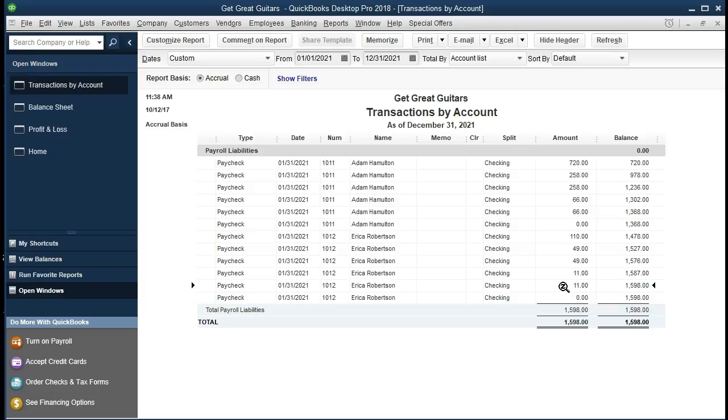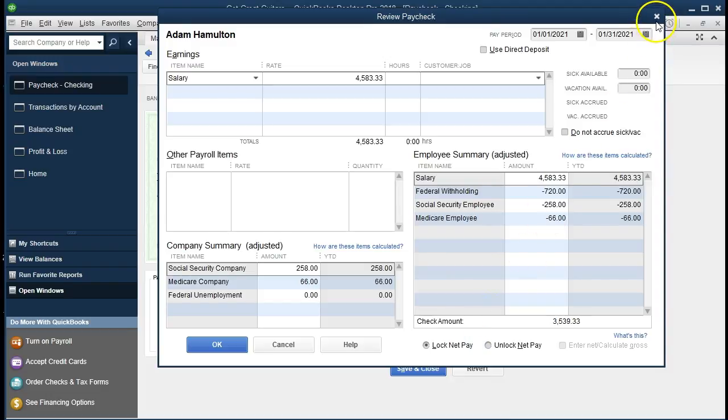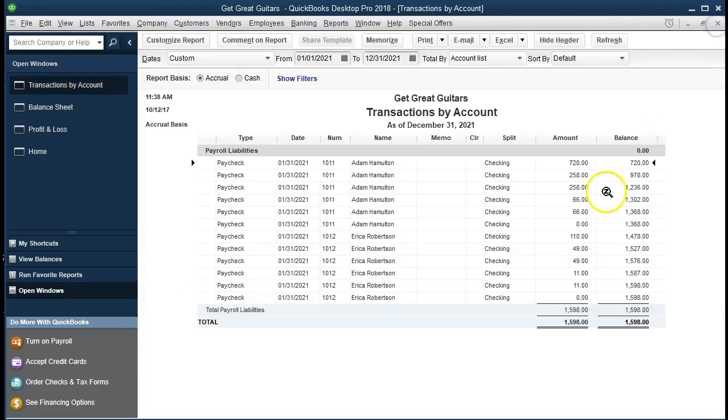If it was done by a third party, then they could show all that detail within their system and provide that detail as well. So this is going to be some of the information. We double click on this, we get back to this check. If we double click on the detail there, we get back to that same detail. So that in essence is going to be the information.